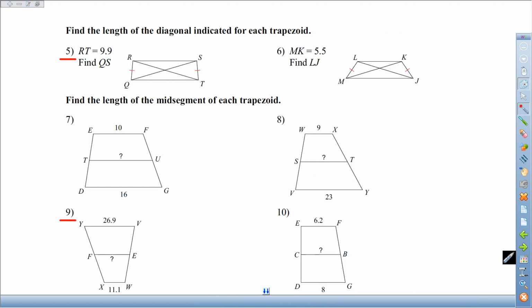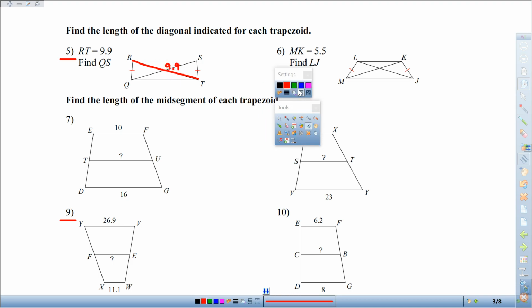Okay, so moving along, take a look at number 5 and 6. These are asking us to find the length of the diagonals indicated for each trapezoid. These are extremely easy problems because they're giving us the length of one of the diagonals. On this one, they're saying that RT diagonal is 9.9.